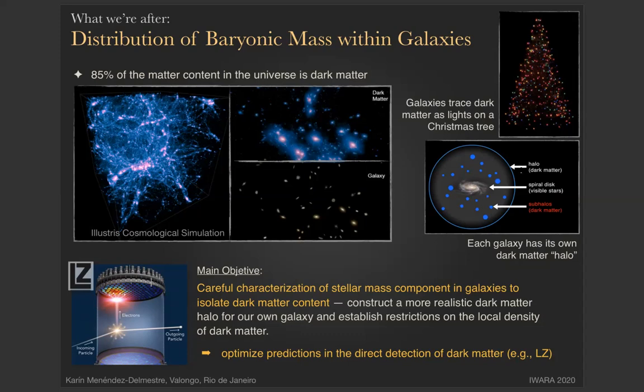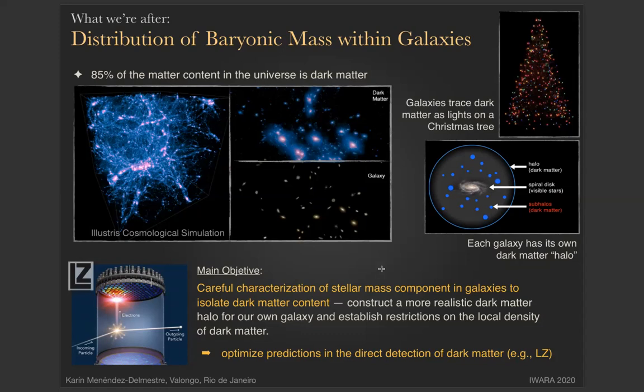Each galaxy is immersed in a dark matter halo with subhalos associated to satellite galaxies, or perhaps not even occupied. But you can then use the distribution of stellar mass to understand how the dark matter is distributed.